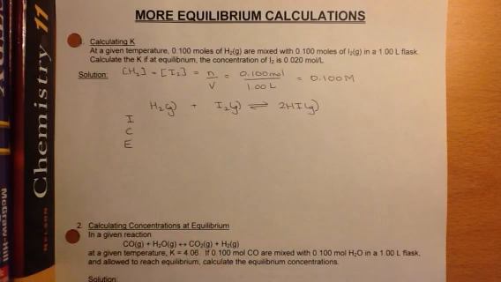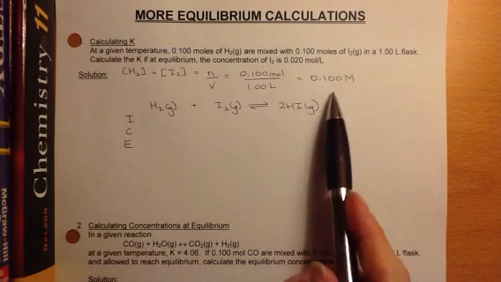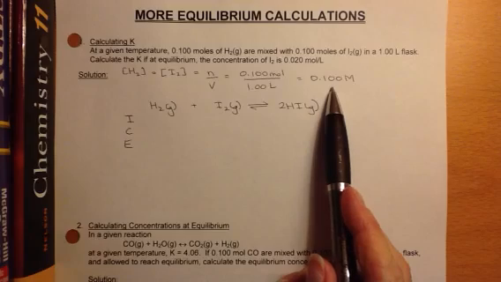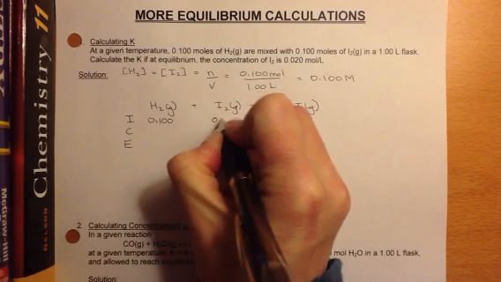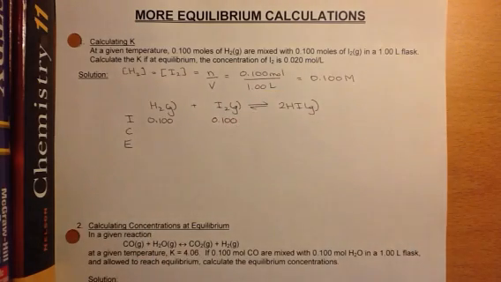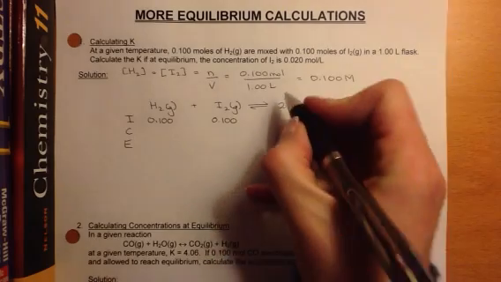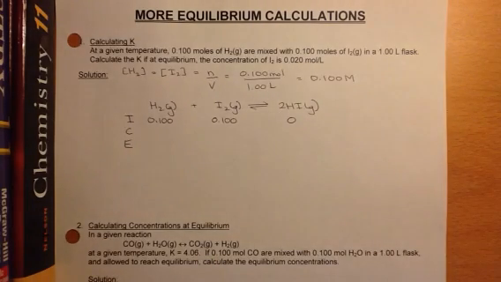Let's start off with the hydrogen gas. We already calculated that the initial concentration of the hydrogen gas is 0.1 moles per liter, and that is the same value for the initial concentration of iodine. We'll assume that we have no product to begin with, so we'll put a 0 in the initial part of the hydrogen iodide.